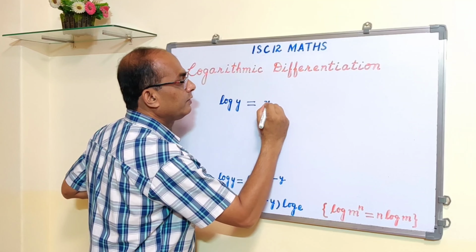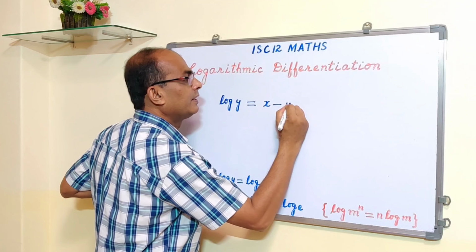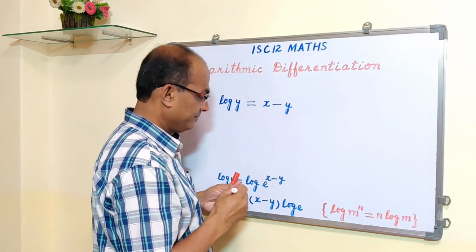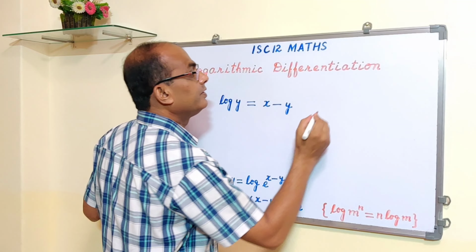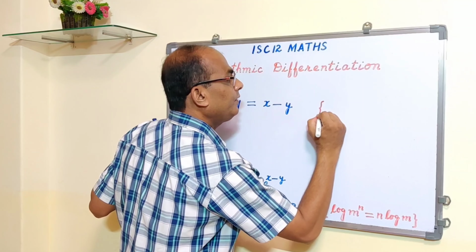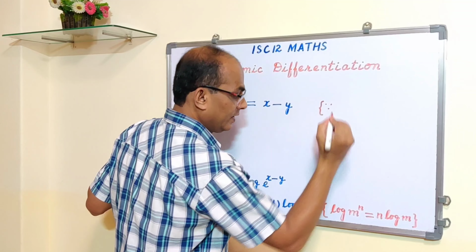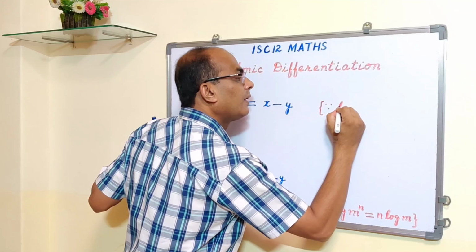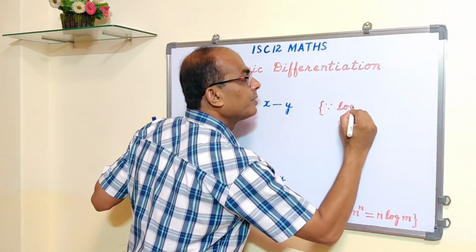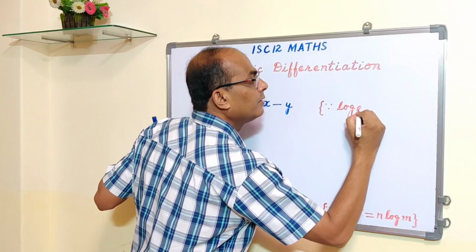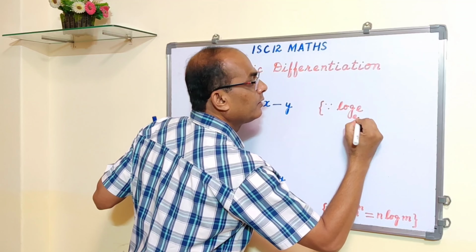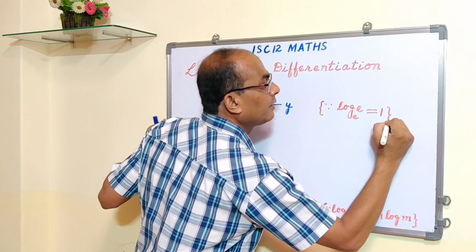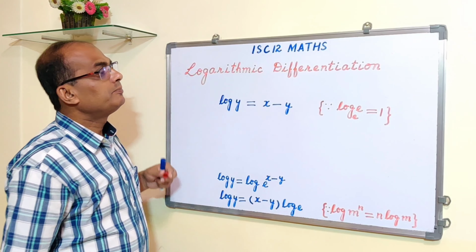Reason: log e to the base e is 1. Since log e to the base e is equal to 1. Fine.